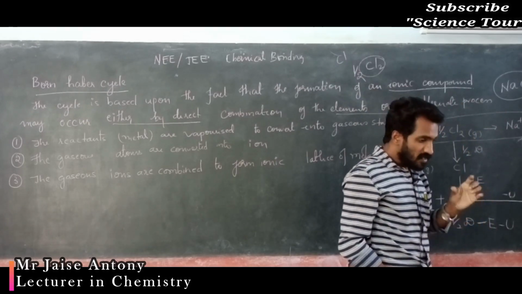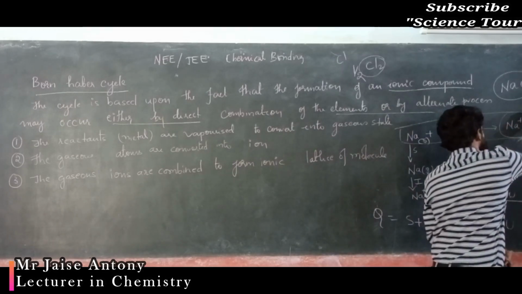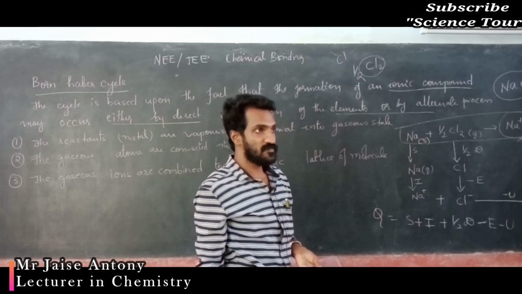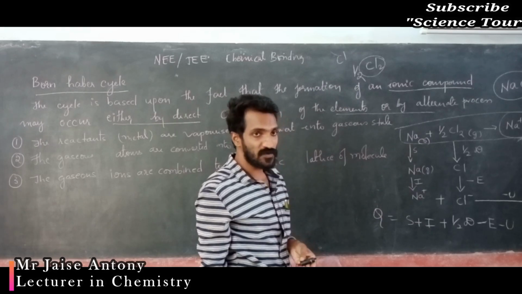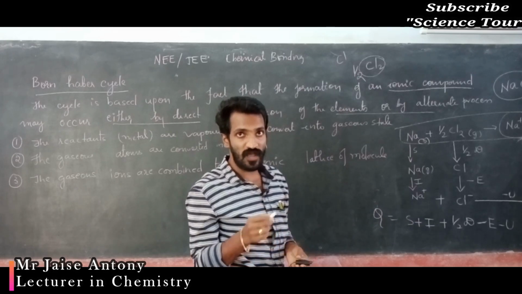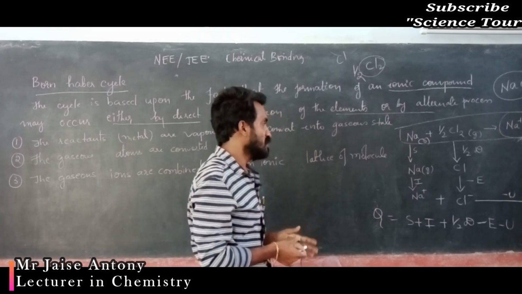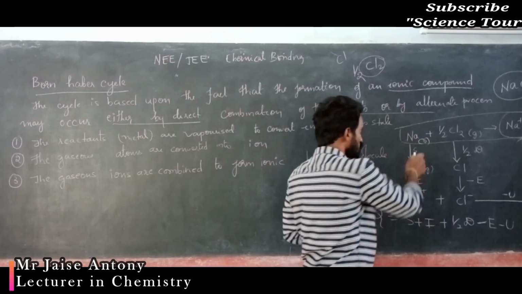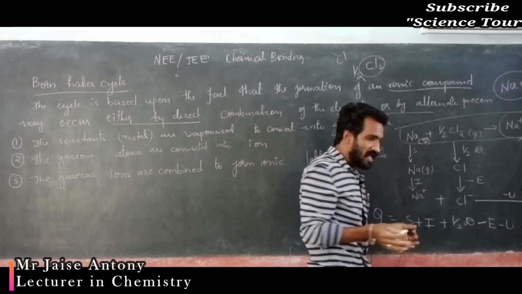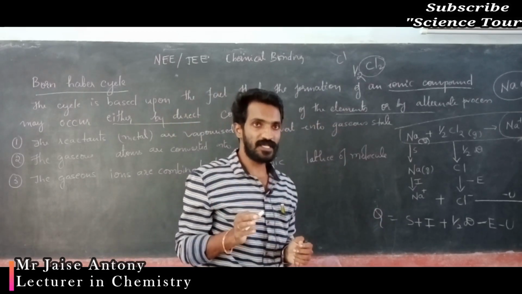So this is the direct combination: sodium plus chlorine gives sodium chloride. But which processes take place to get this is very important, my dear students. To get sodium chloride, sodium should undergo several processes, and chlorine should undergo processes, and after that they combine and give 1 mole of crystal lattice of sodium chloride. That is the alternate process. In the beginning, sodium is in solid form. You take sodium in solid form and sublimate it.